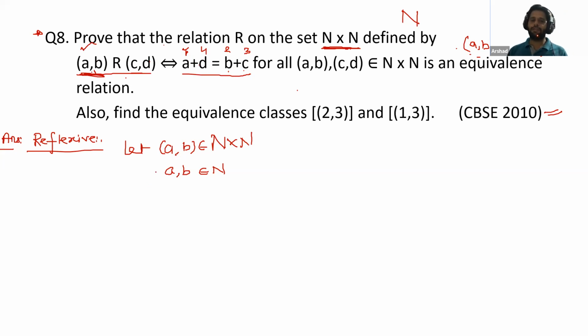If we need to prove that this is reflexive, then we need to show that a comma b is related to a comma b. If this is related, then what do we need? We need this condition. First element. Huzaifa, please tell me as per this relation, what is the fourth element?